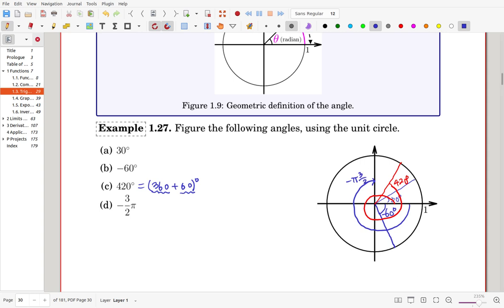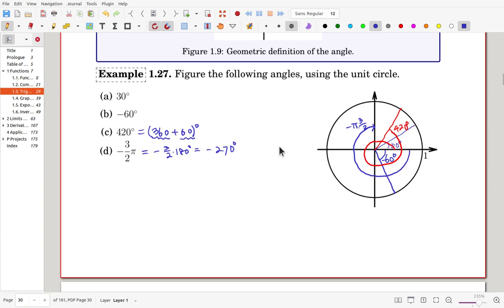But this one can also be changed into degrees. So minus 3 over 2 pi, since pi is 180 degrees, is the same as minus 270 degrees. Of course, in this picture, that is minus 270 degrees.